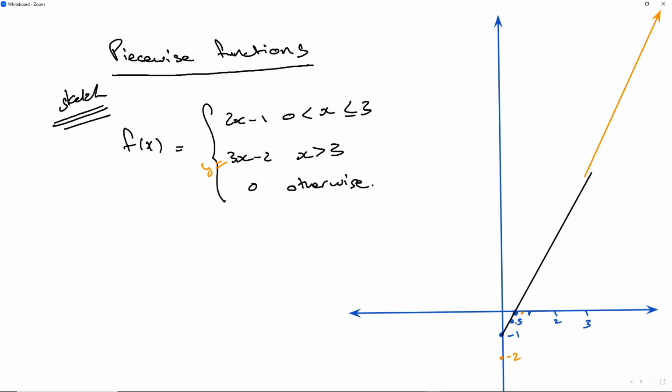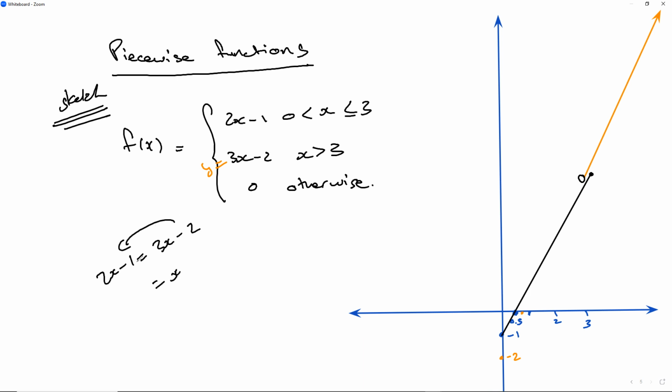But now we have another thing, which is the fact that we're including this over here, and we're excluding that over there. And they're sort of overlapping. That means for certain x values, we'll have the same y values. If I take 2x minus 1 and make it equal to 3x minus 2, let's solve this quickly.